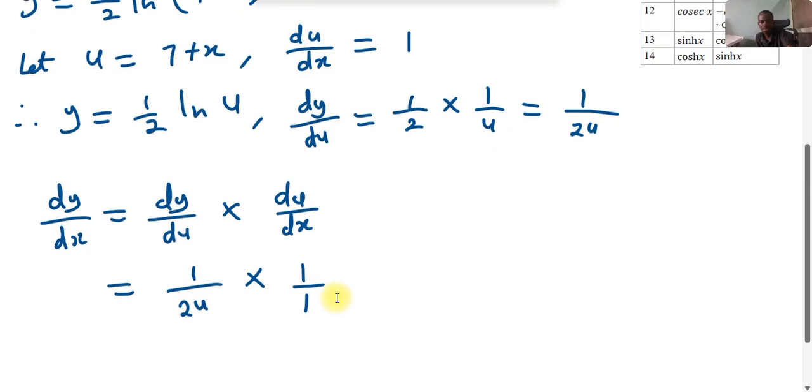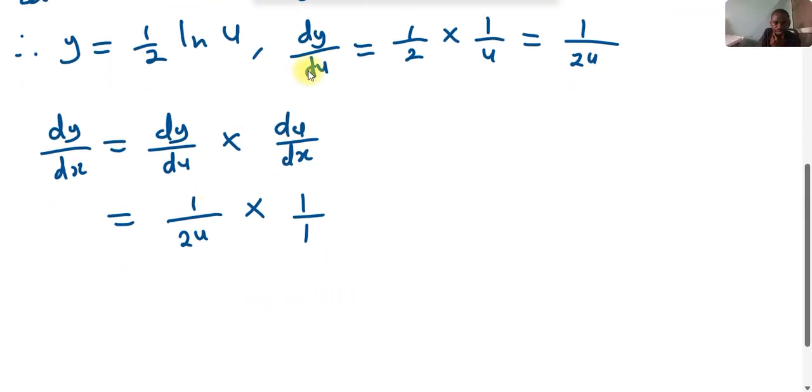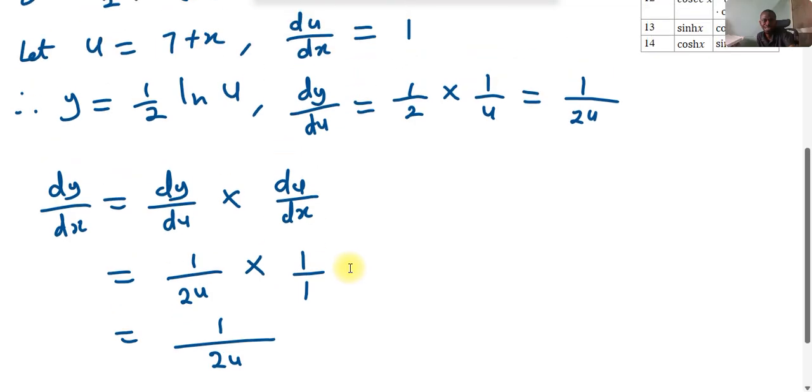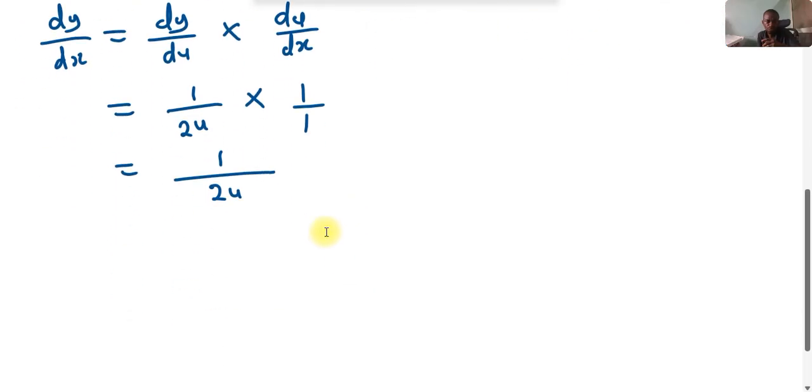In this case, all I will have at the end of the day is 1 times 1 is 1, 2u multiplied by 1 is 2u. Replacing u, which is 7 plus x, I will have this equal to 1 over 2 bracket 7 plus x. So this is the final answer here.